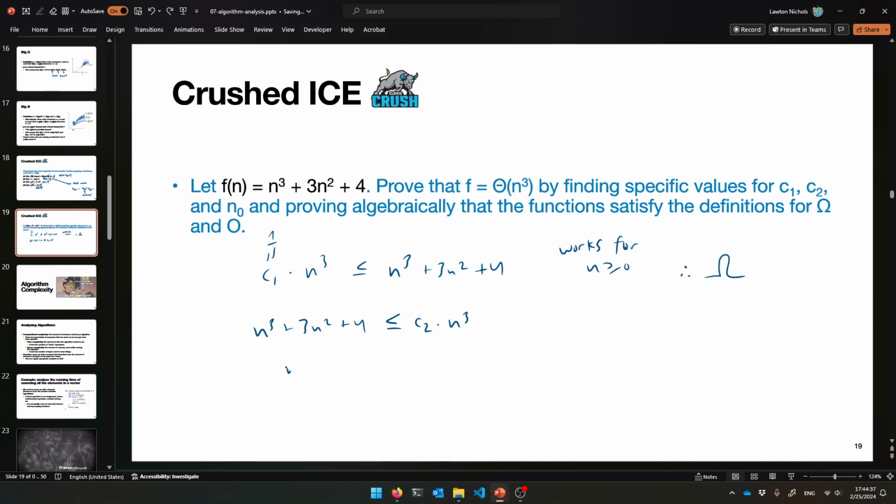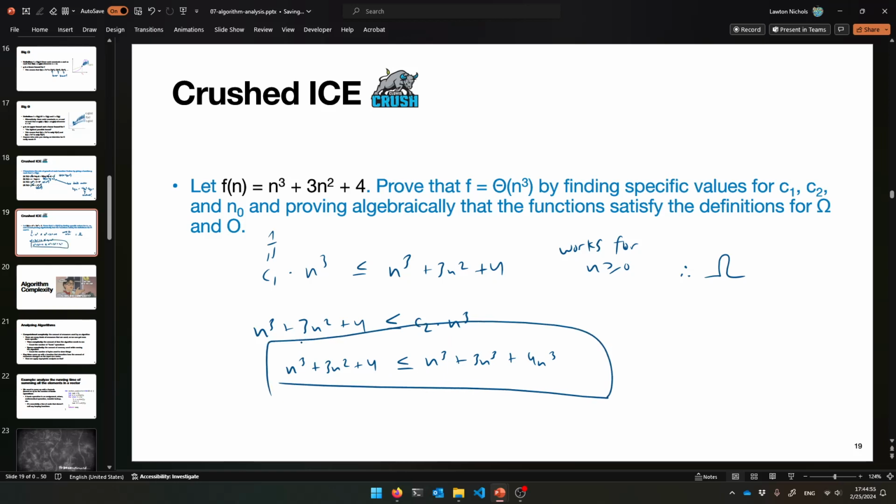So n cubed plus 3n squared plus 4 is less than or equal to, let's just change all these to n cubeds, n cubed plus 3n cubed plus 4n cubed. This is not true when n is 0, but it's true when n is 1 or bigger.